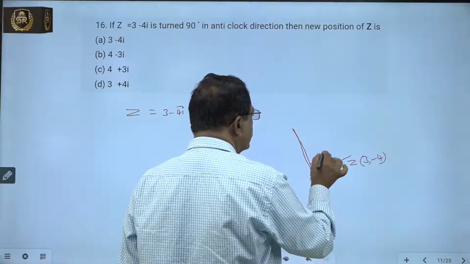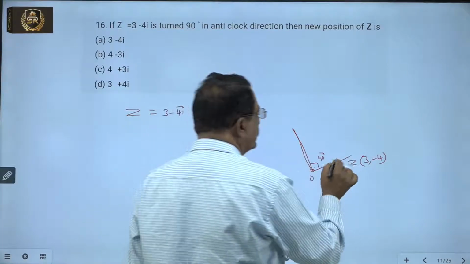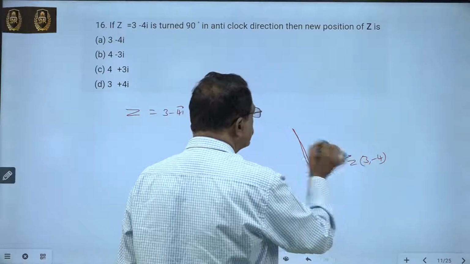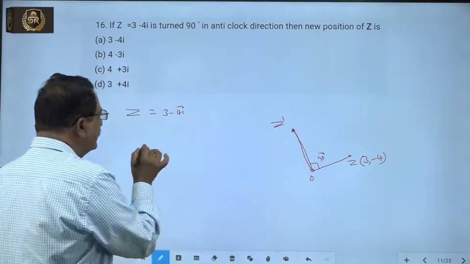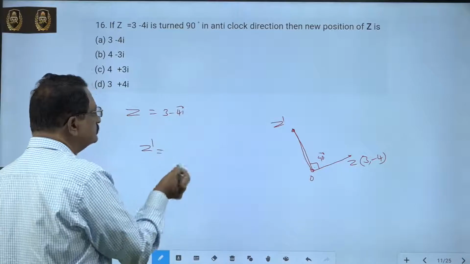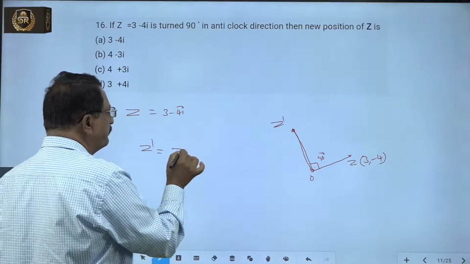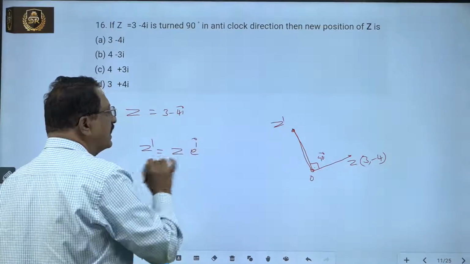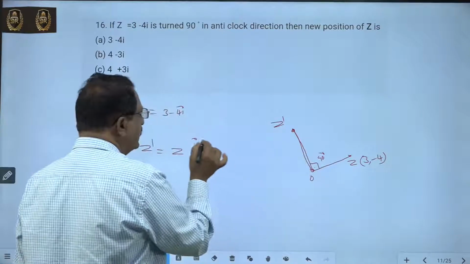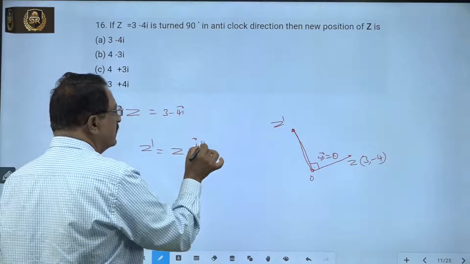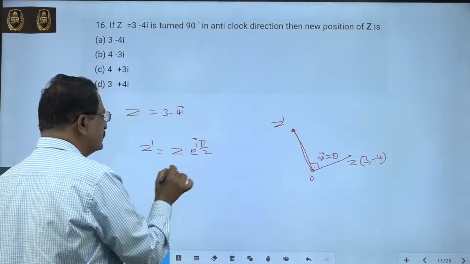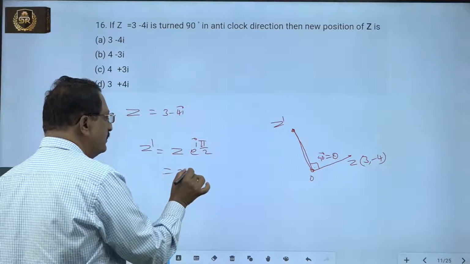Now suppose z goes to some z dash, therefore z dash equals z into e power i theta, but theta equals 90, that is pi by 2, where z is 3 minus 4i.